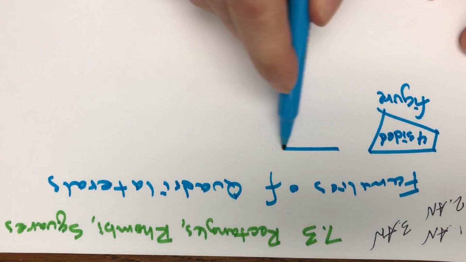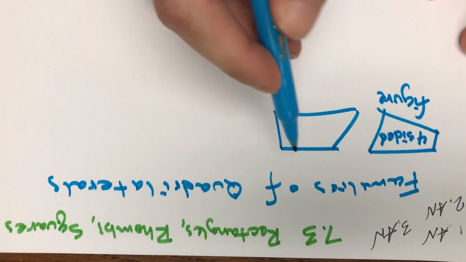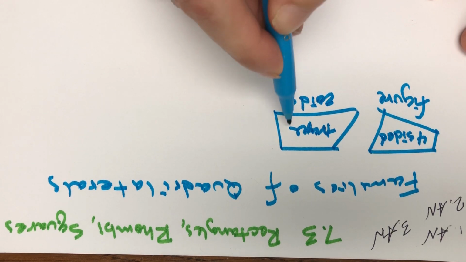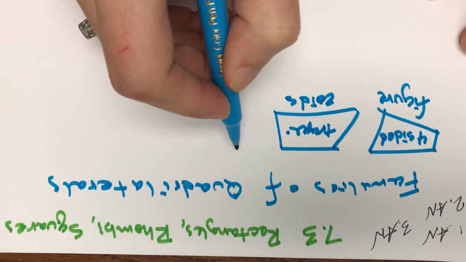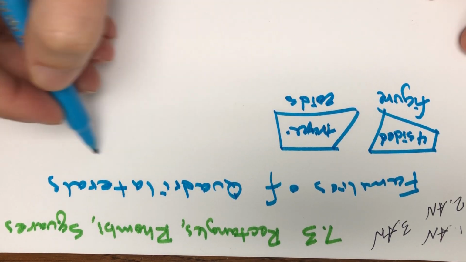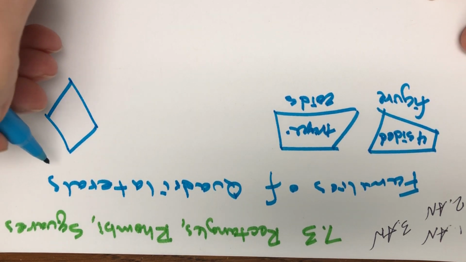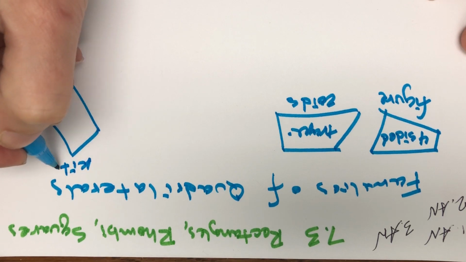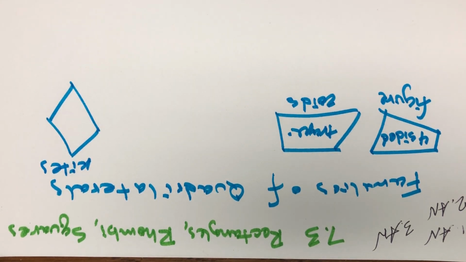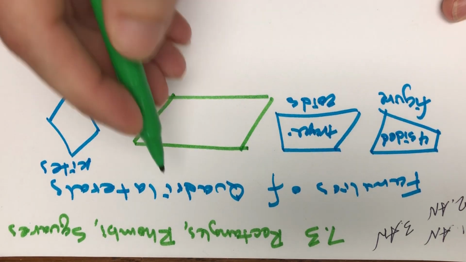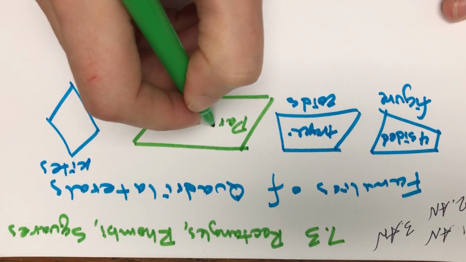Then some other special ones that we've talked about are trapezoids. Then we have kites and parallelograms. We'll put kites over here. And what we want to focus on today are special types of parallelograms. So, parallelograms.